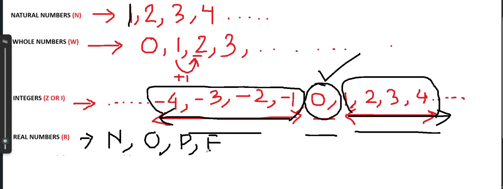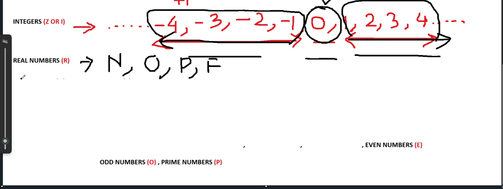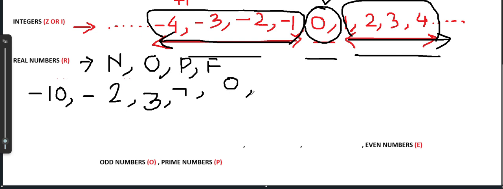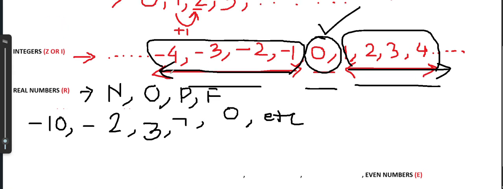It contains everything. To be precise, negative 10, negative 2, a positive 3, 7, 0, etc. They are definitely integers because they have negative numbers, but they are also real numbers.